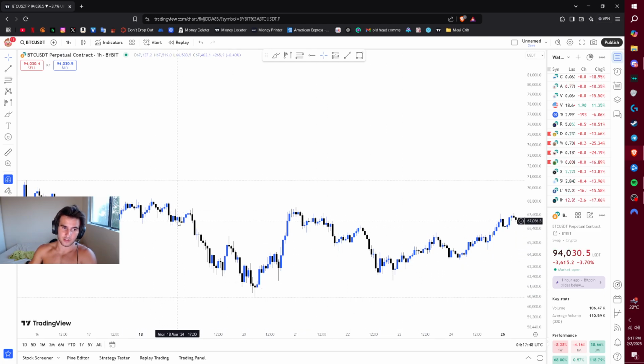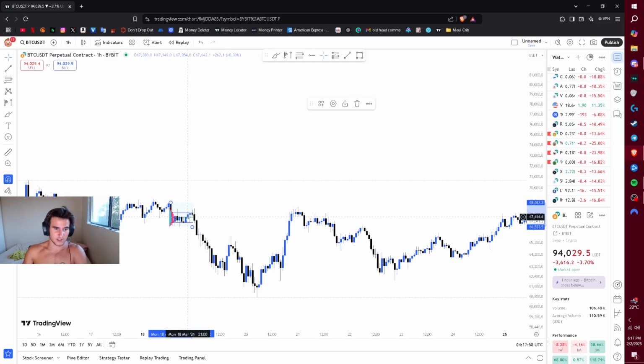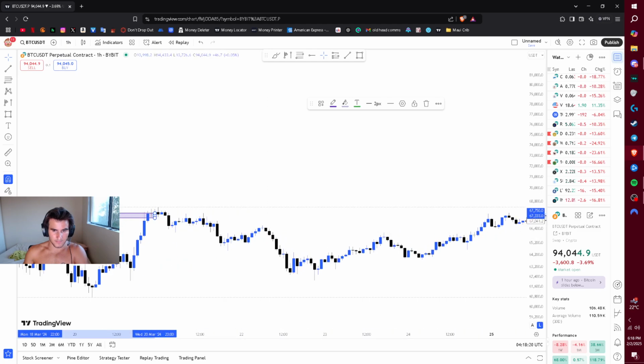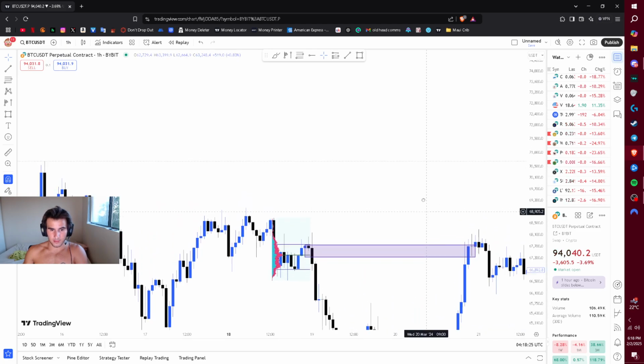Then bullish consolidation right here, and then range back consolidation because the POC is in the order block area, which is right here. Yeah, that is the order block area, and the POC is in that.